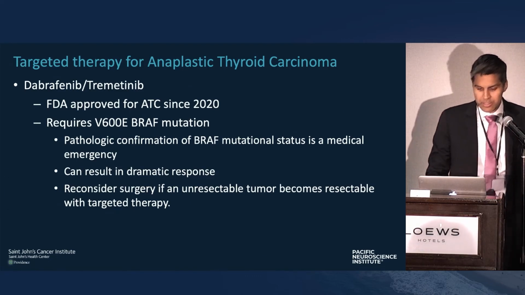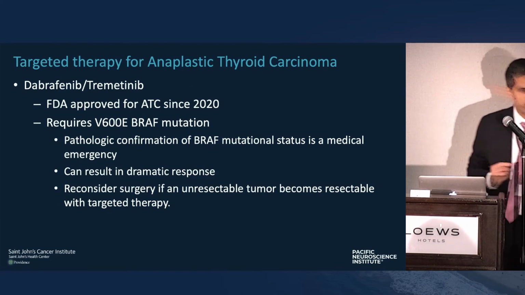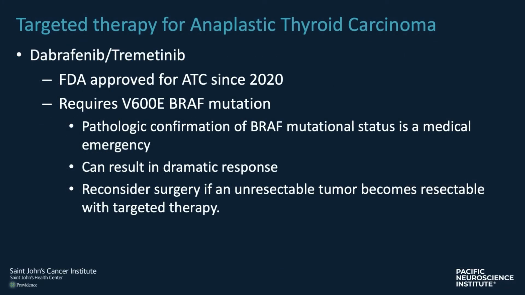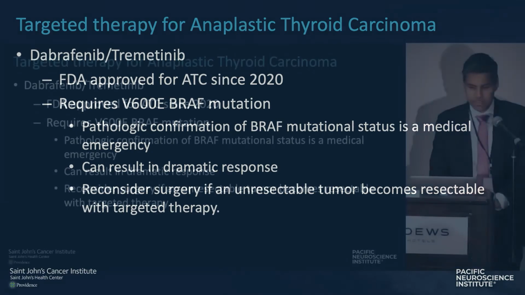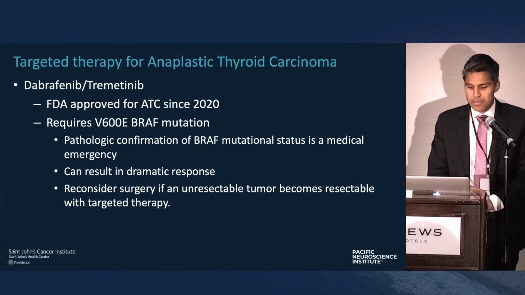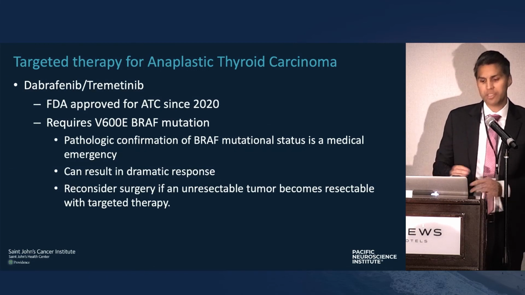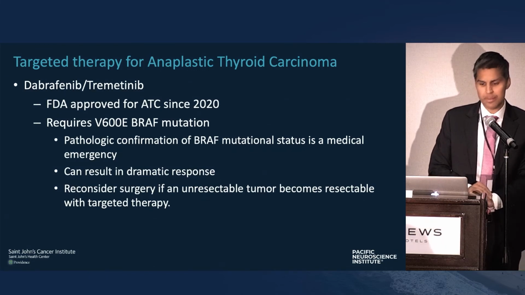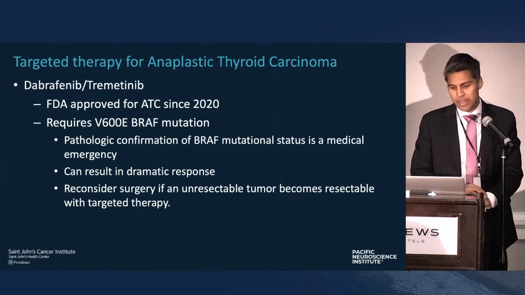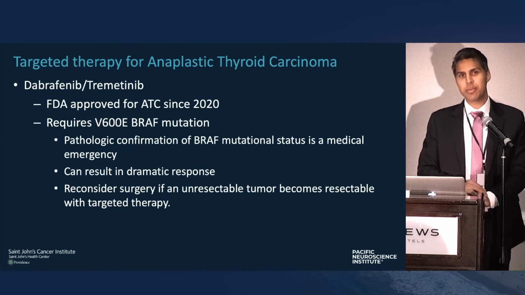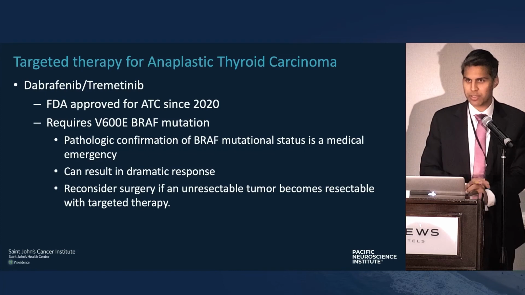So there's new targeted therapy: DT, or dabrafenib and trametinib, has been FDA approved for only about 2 years, and this requires the patient to have a V600E BRAF mutation. The workup of these patients is now very multidisciplinary. It's no longer just a surgeon rushing off to surgery.